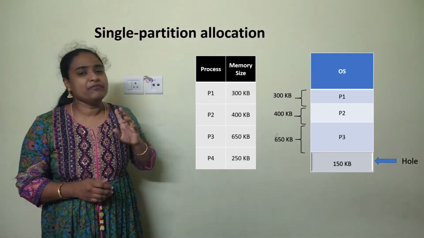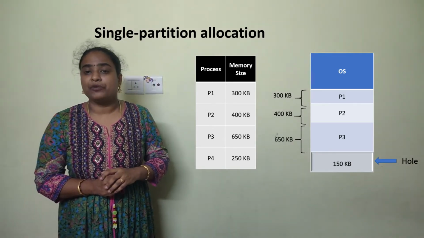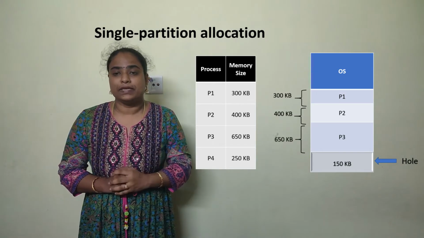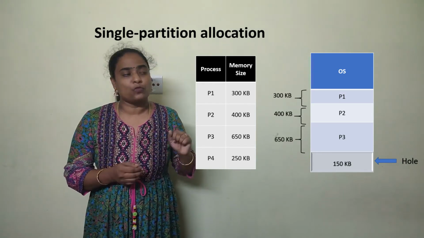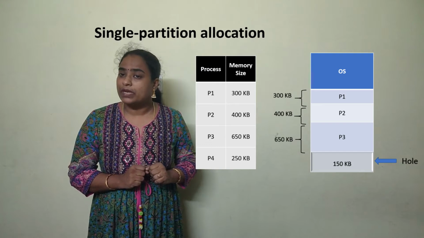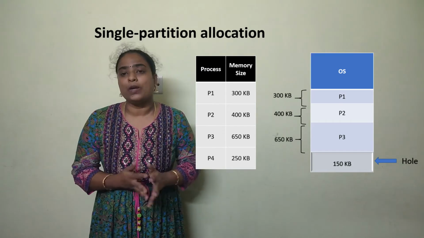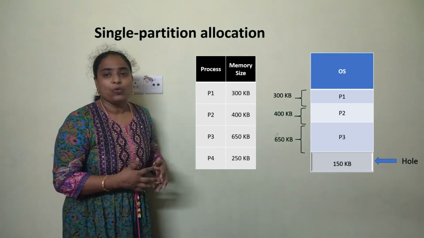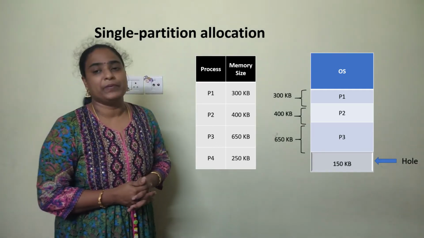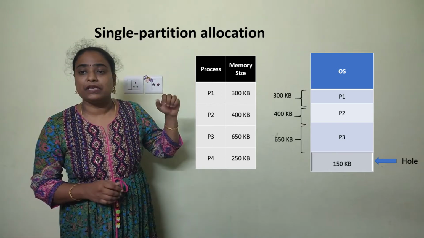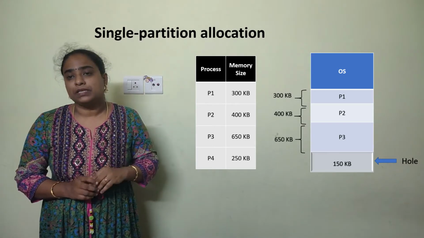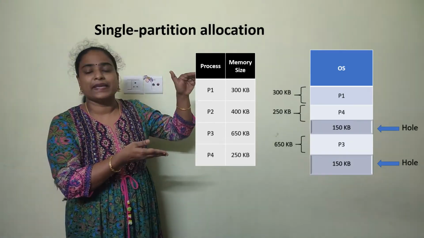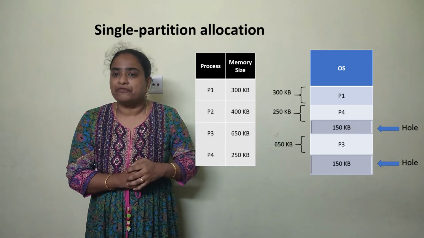The remaining is 150 KB. But P4 requires 250 KB. So the hole size is 150 KB. Can we allocate? No. The memory is not available, so P4 has to wait. Now imagine that P2 completes the execution. If P2 leaves the memory, the 400 KB will be shown as free memory.